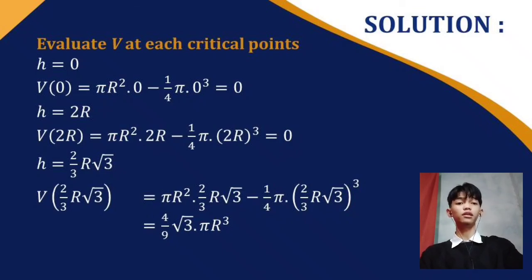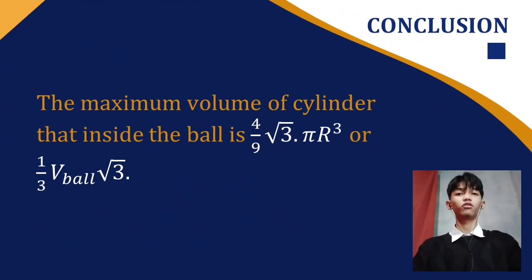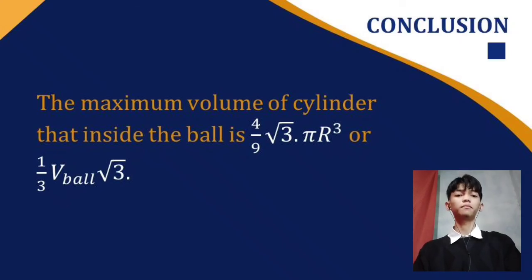We know V is the formula for the volume of a cylinder inside the ball. From that, we can conclude that the maximum volume of a cylinder inside the ball is 4/9 times square root of 3 times pi times R capitalized cubed.